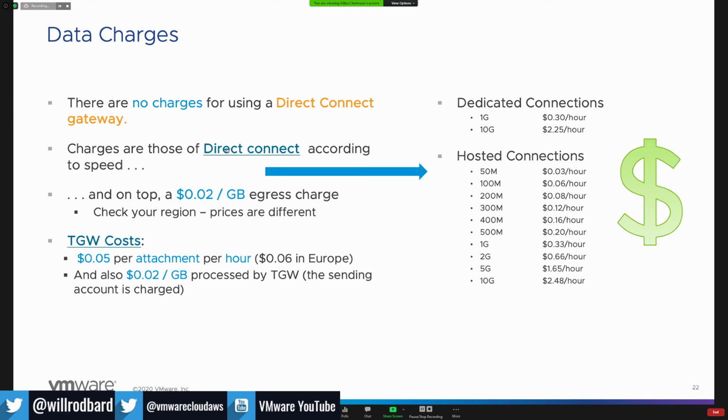So here we don't talk about egress or ingress charges. We talk about data that goes through the transit gateway. And who pays? The sending account is charged this 2 cents per gig. So it can come in, it can go out, you will pay 2 cents per gig that is processed by the transit gateway.